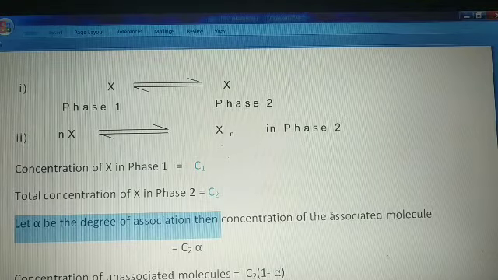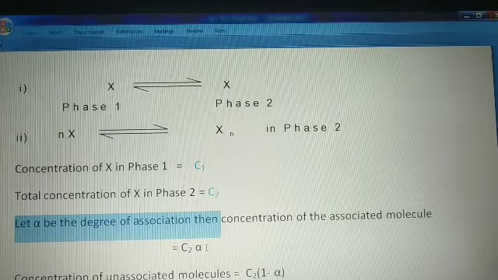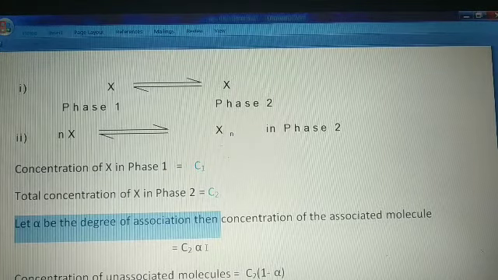Then the concentration of the associated molecule will be C2 multiplied by alpha. What is alpha? Alpha is the degree, which means a percentage: 40% associated, 50% associated, 60% associated. When that percentage is multiplied by the total concentration, it gives the concentration of the associated molecule.